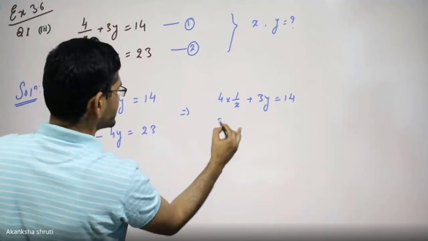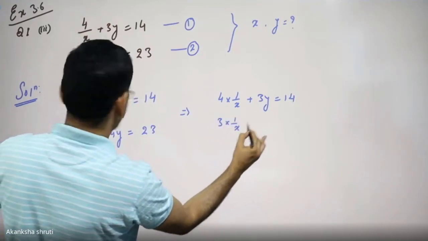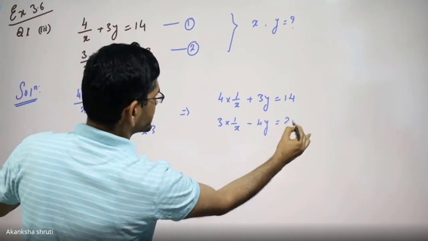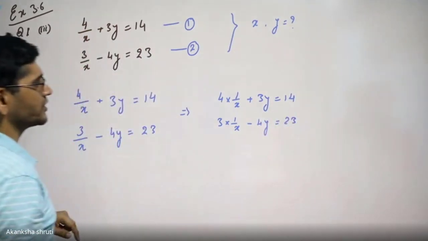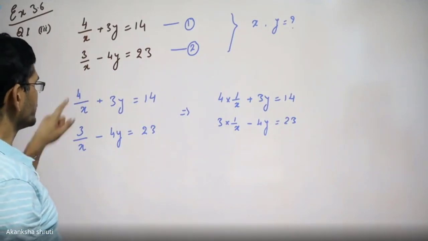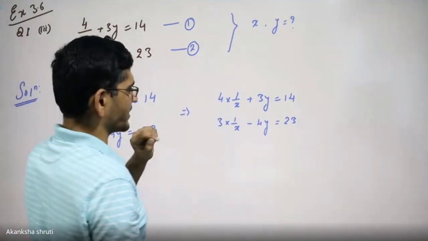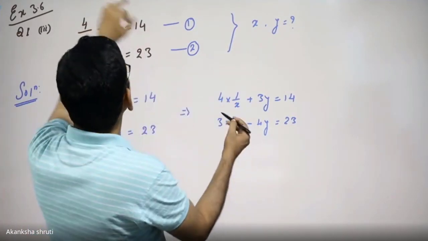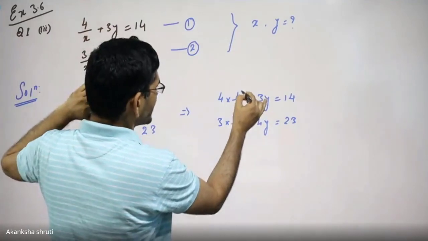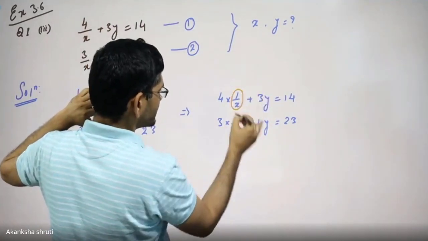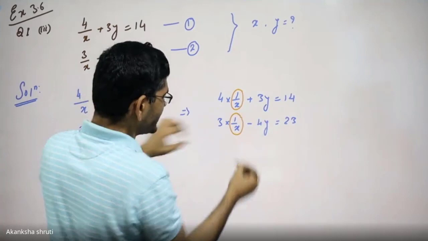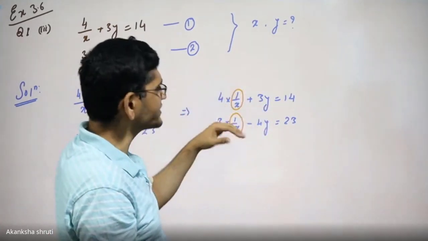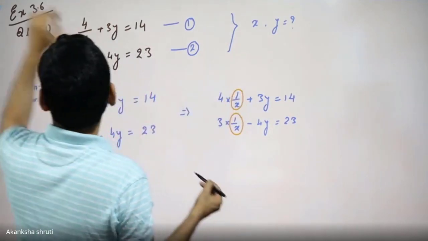And the other one is 3 into 1/x minus 4y = 23. These are the two equations. 4/x is the same as 4 into 1/x. While writing in this form, it may appear that in place of x, it is 1/x. So we shall treat 1/x as a new variable. Then these two equations will appear as linear.